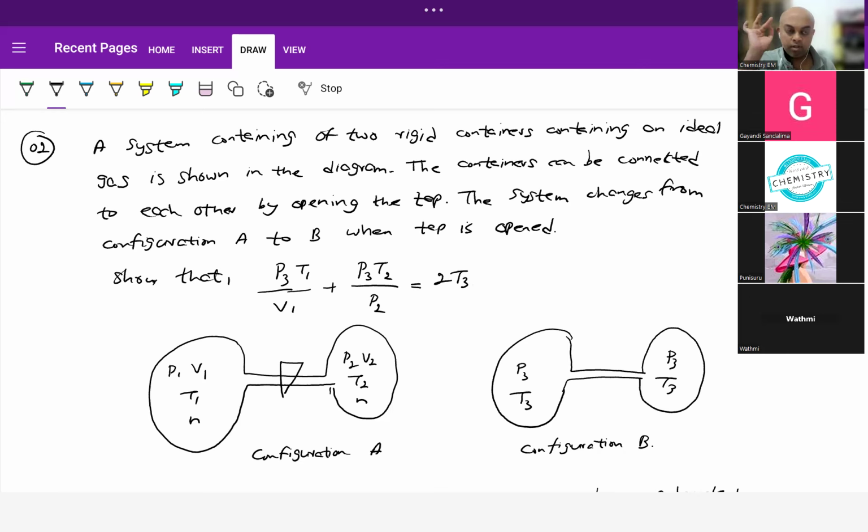There is a tap as well. The system changes from configuration A to B when the tap is opened. Show the given expression and draw these two configurations as well.